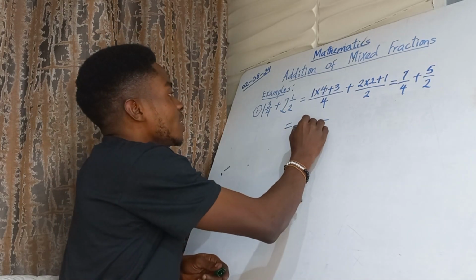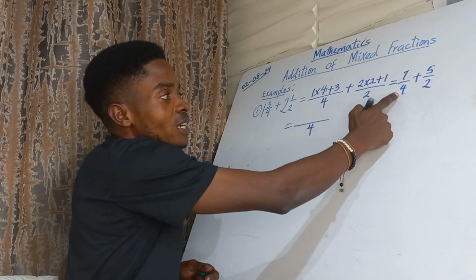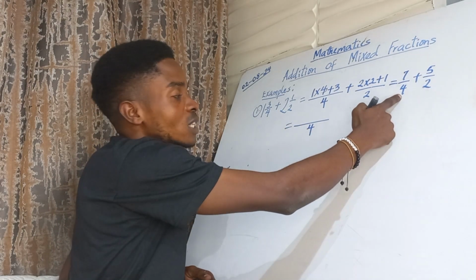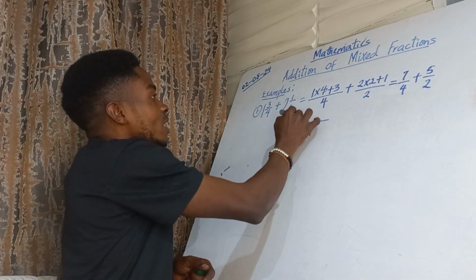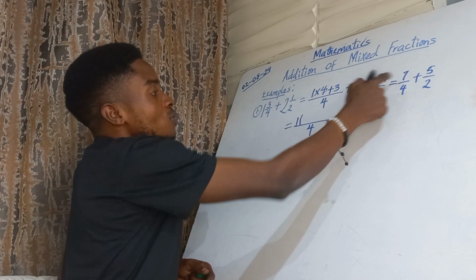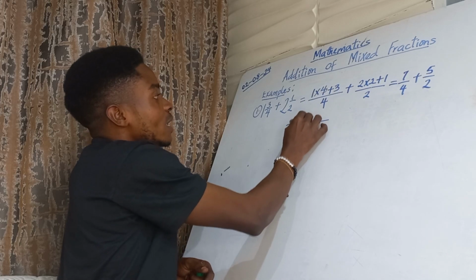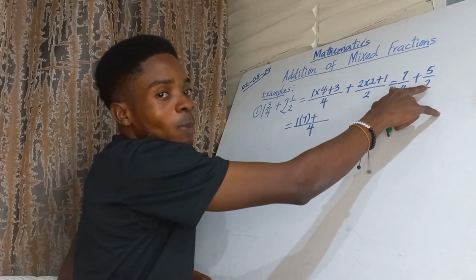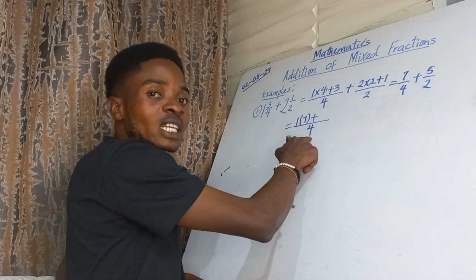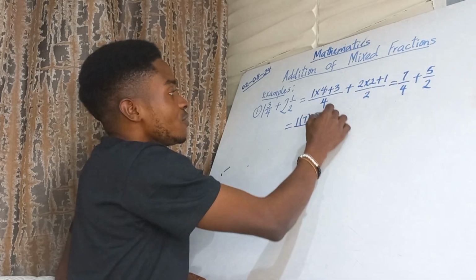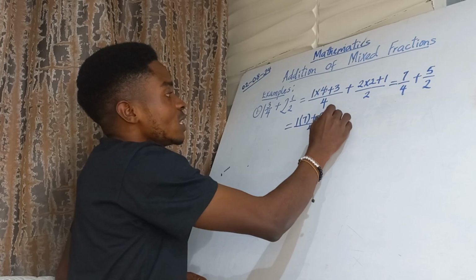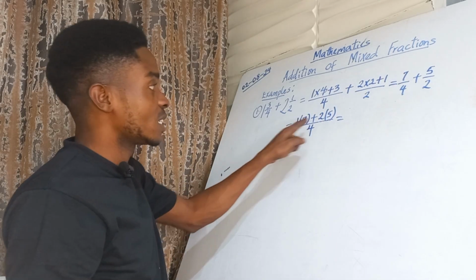Put your 4 here, then you say, what can you multiply by 4 that will give you 4? That is 1. You put your 1 here, open bracket, you put your 7 in the bracket. You remember? Plus, what can you multiply by 2 that will give you 4? That is 2. You put your 2 outside, then your 5 in the bracket. What next? You open the bracket.